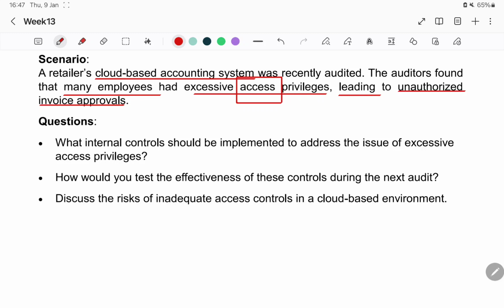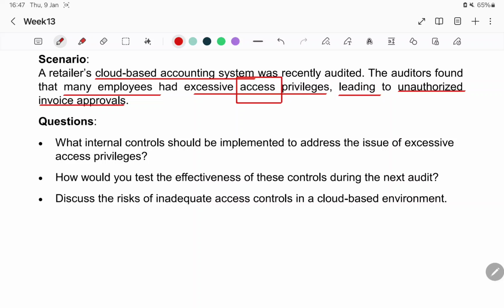Unauthorized invoice approval means you are approving the invoices you receive from the supplier without authorization. The person that's supposed to authorize didn't authorize, yet suddenly someone else authorized it. You understand?